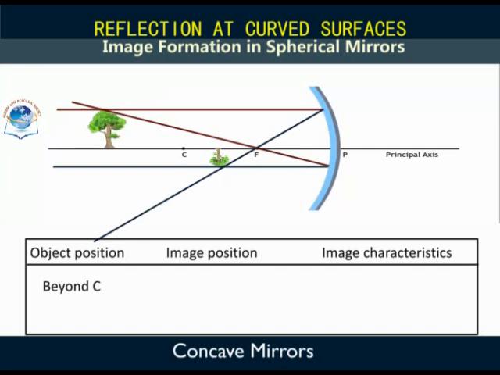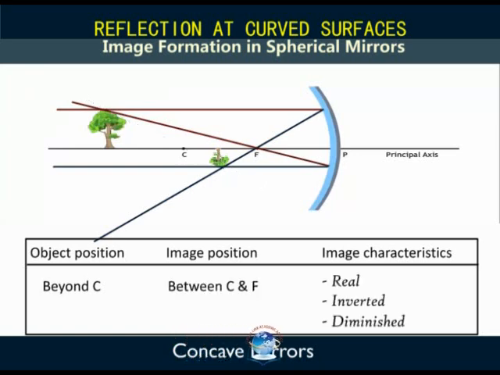And even if we draw a third ray, for instance through C, it will be reflected back through the same path, and all the three meet at the same point. And so, for an object beyond C but not at infinity, the image is formed between C and F. It is real, inverted, and diminished in size.